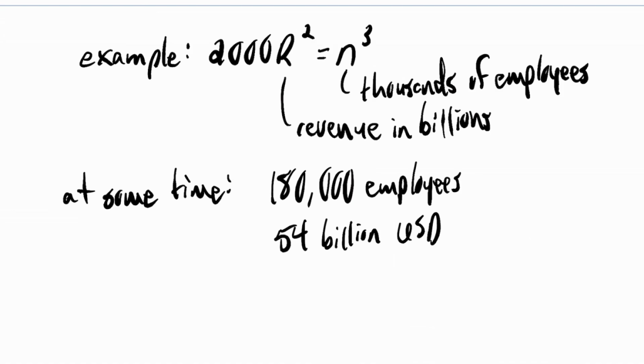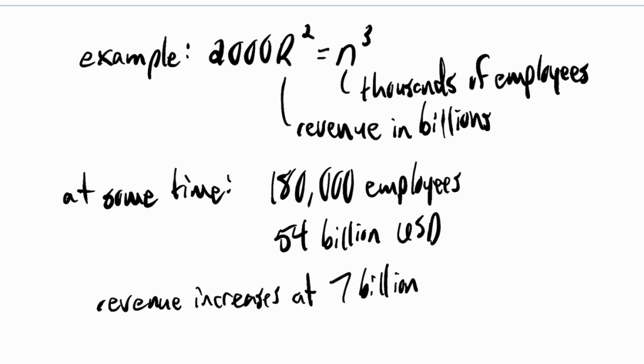Now let's assume that the revenue is increasing at, let's say, a rate of 7 billion US dollars per year. And the question is, at what rate is the number of employees changing?